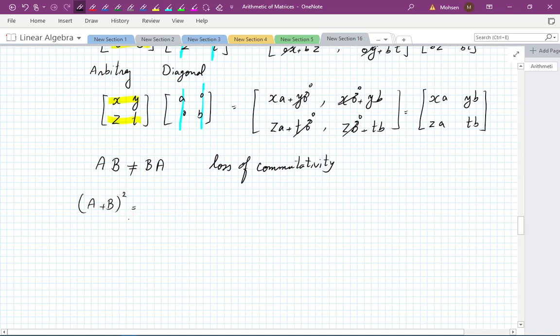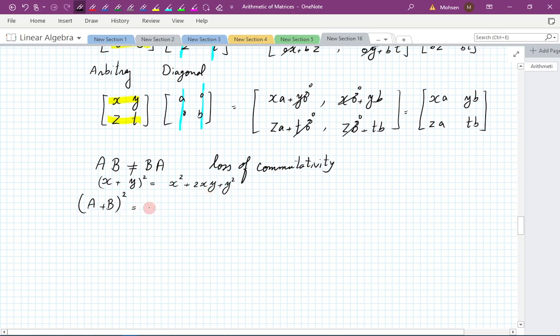Say A and B are two matrices, and squaring means just multiply by itself. Let's just remind ourselves that in high school, if you have a number added to another number and you want to square it, we have this identity that we use over and over again. Square of the sum: square of the first, square of the second, and twice the first times the second.